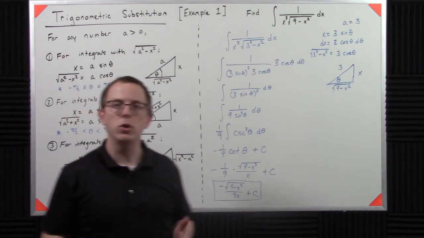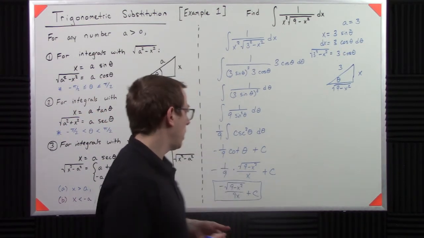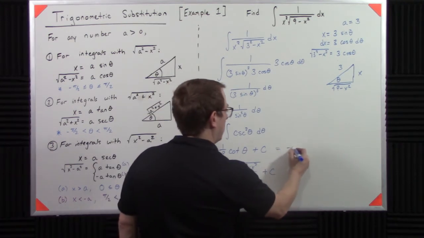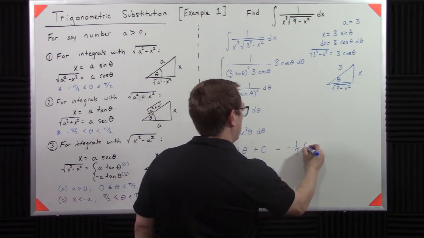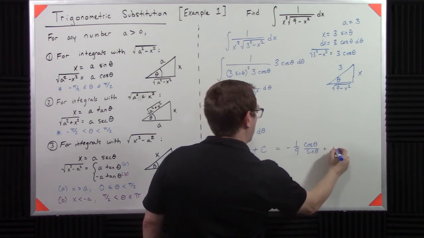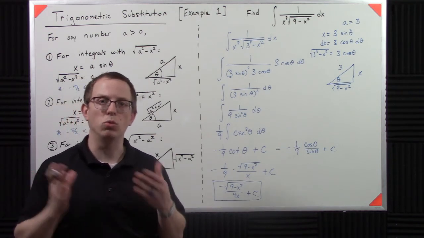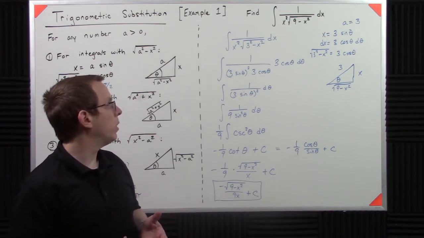Now, if you don't have the triangle handy, the easiest way to do this is to just go back to sines and cosines. So I could say it's negative 1/9 cosine theta over sine theta plus c. And then I would go back to my original construction.